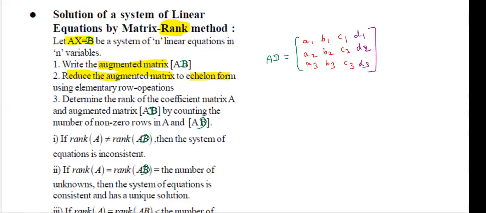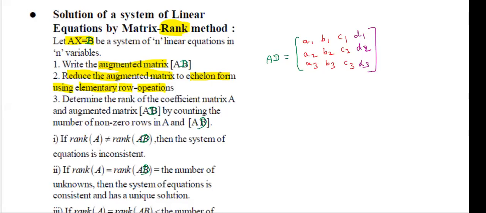So the augmented matrix is reduced to echelon form using elementary row transformations, only row operations. Don't do column operations here. If you do column operations, you can't get the rank exactly, it is going to change.